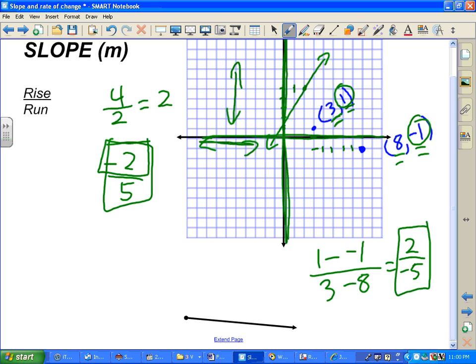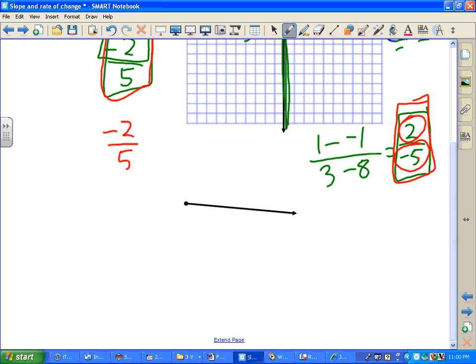Rise is 2, so we're going up 2. Run is negative 5, that means I'm going backwards 5. I end up exactly where I started. So yes, those slopes are exactly the same. Doesn't matter which one's positive, which one's negative. As long as one of them is negative, I have a negative slope of negative 2/5.